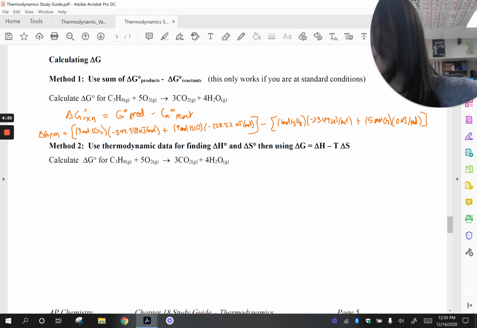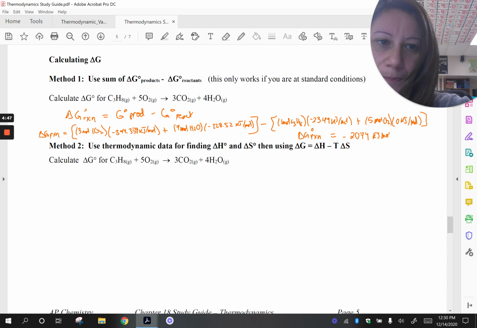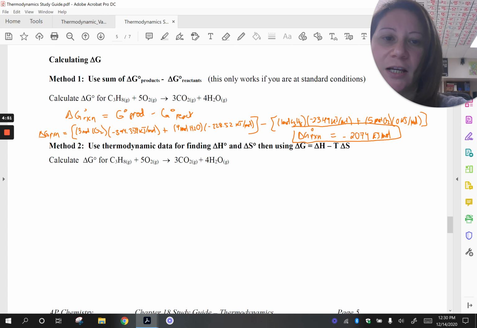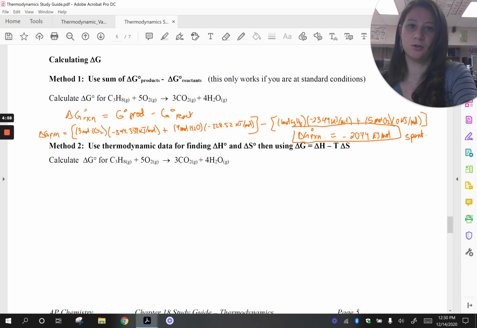So products minus reactants all together, I get that delta G for the reaction at standard conditions is equal to negative 2,074 kilojoules per mole. That's my answer, and because it's negative, that tells me that it is spontaneous. Again, this only works if you are at standard conditions.